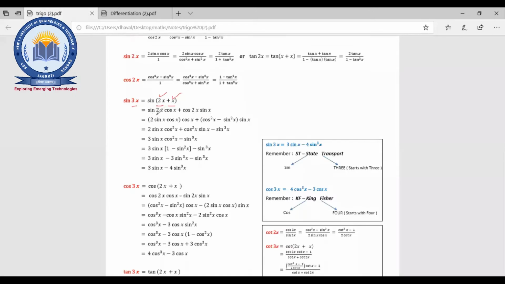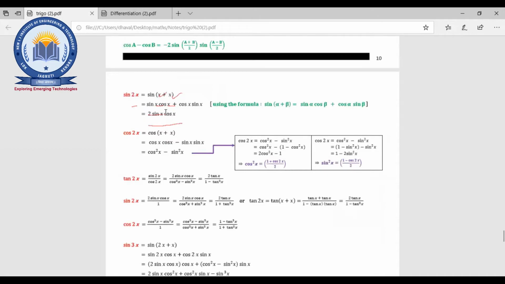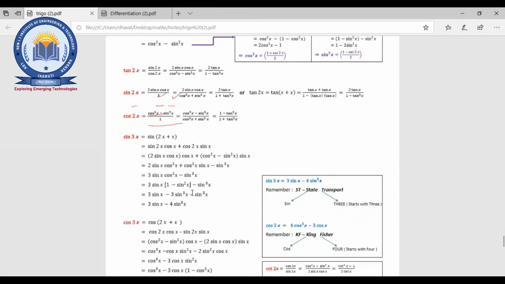Now sine 2x can be written as 2 sin x cos x. That we have seen in the previous one: sine 2x equal to 2 sin x cos x. So we are putting in the values we have seen, and you will get your answer.